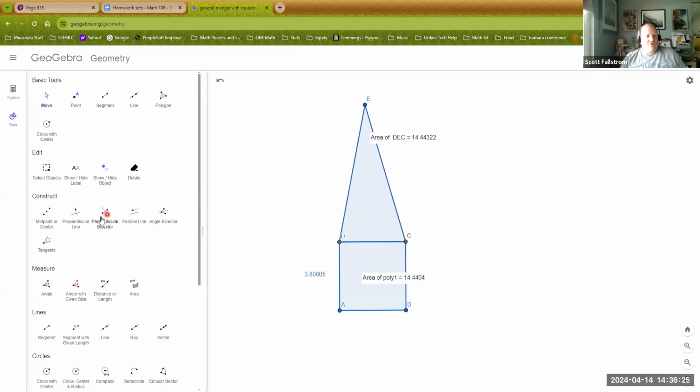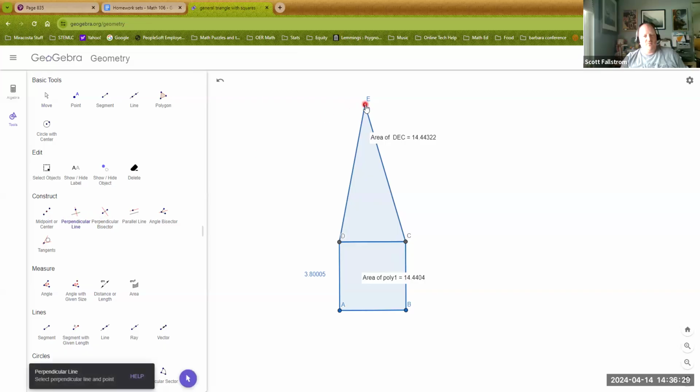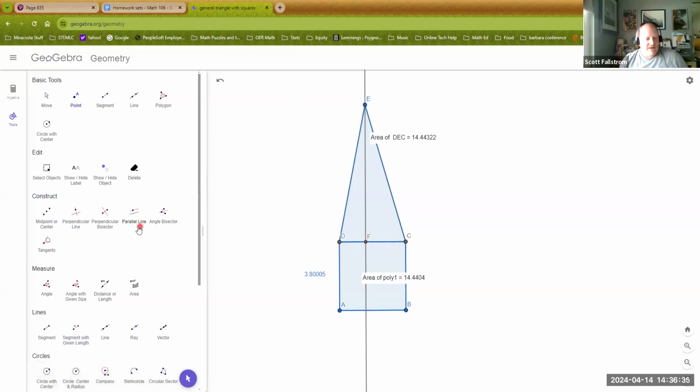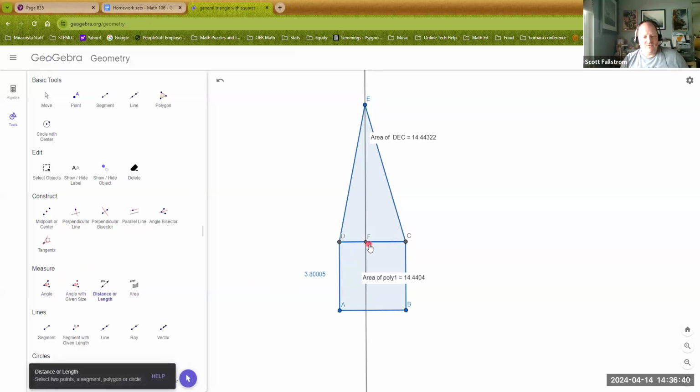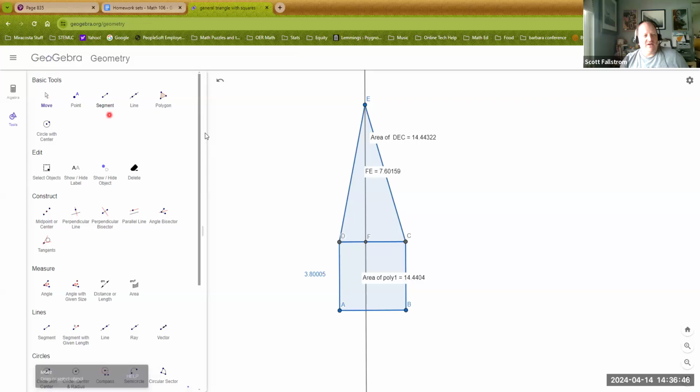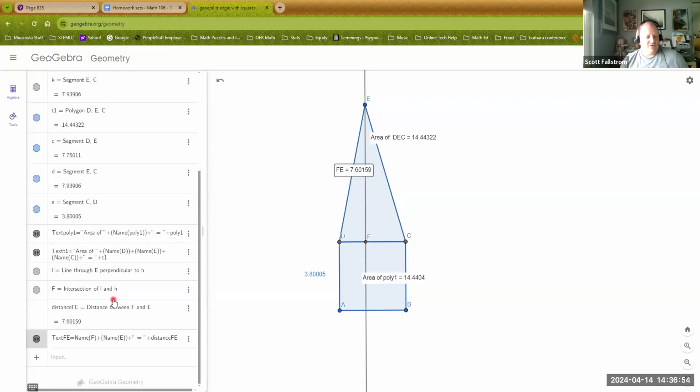Now, create the height of your triangle by doing a perpendicular line and then creating a point. Then measure the distance between those 2 points, and you can see, hey, wait a minute, those look pretty similar.